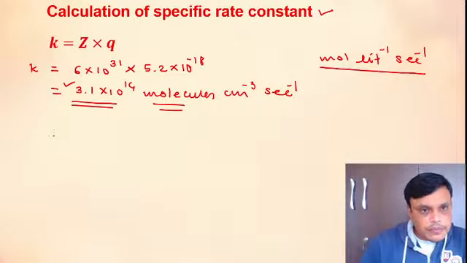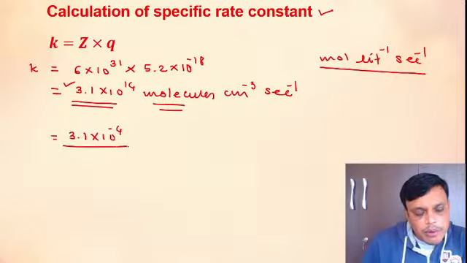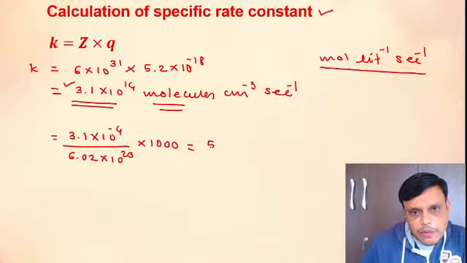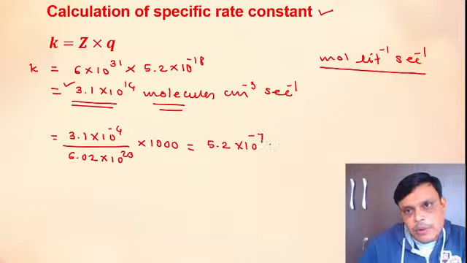So here I will do it. 3.1 into 10 to the power 14 divided by Avogadro's number, that is 6.02 into 10 to the power 23, and multiplied by 1000. If you solve this, you will get 5.2 into 10 to the power minus 7 and the unit will be moles per liter per second.